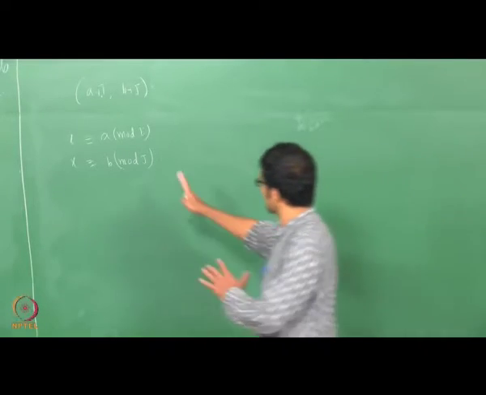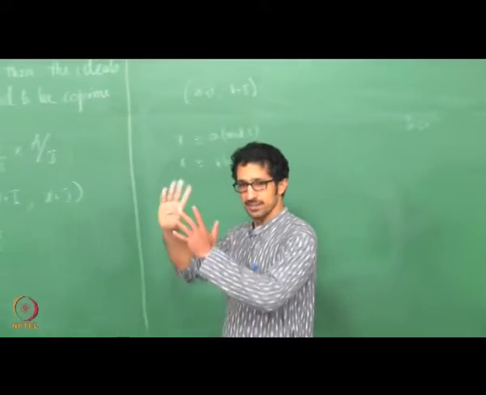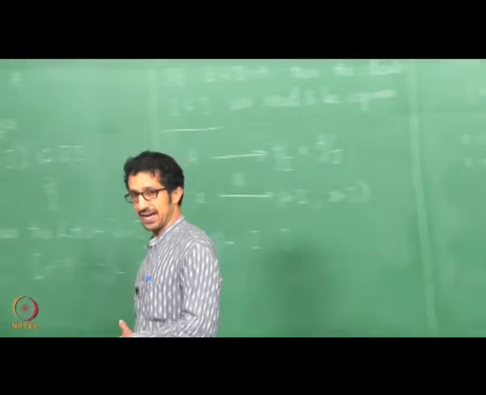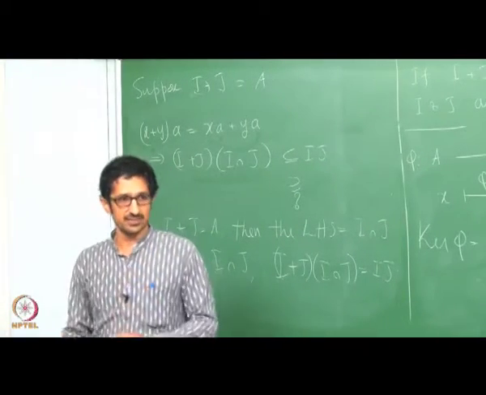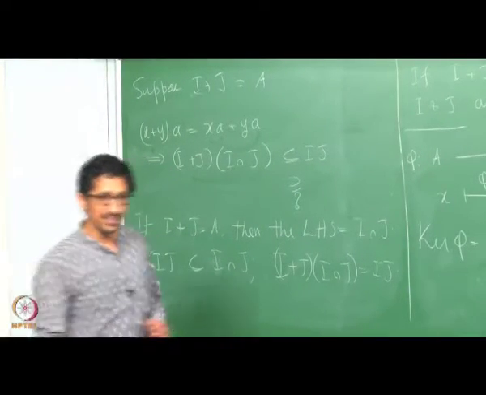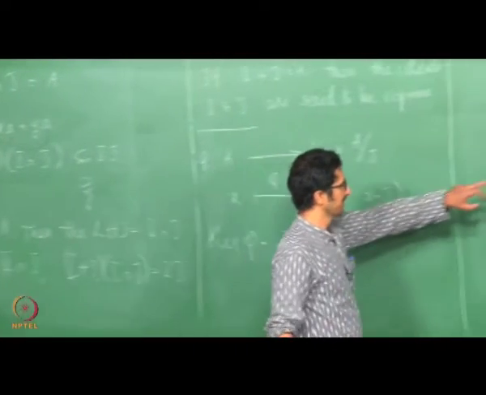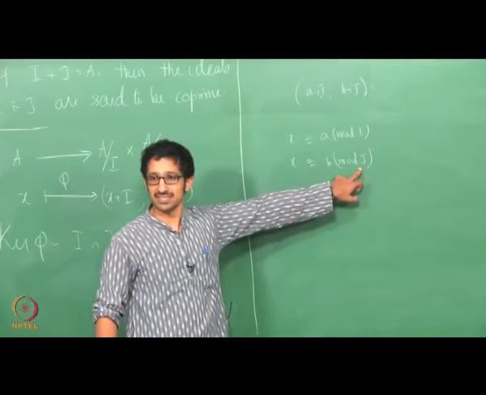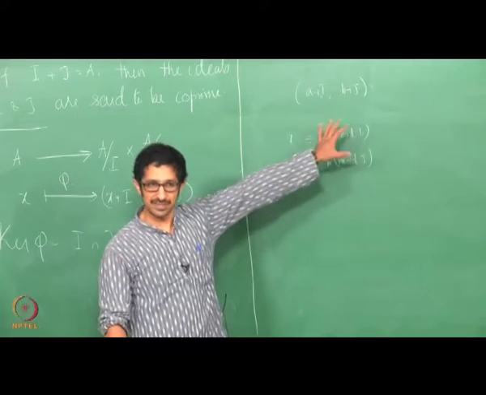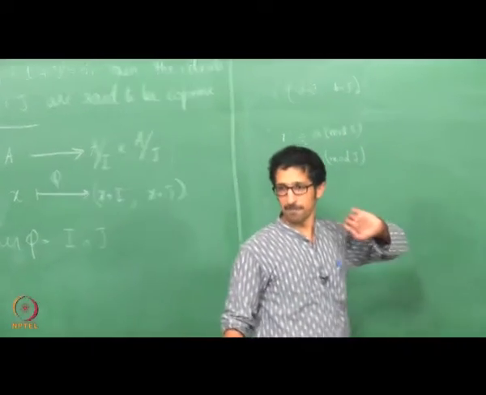Think about this in Z. In Z, instead of I, think of primes. If they are distinct primes, the Chinese remainder theorem says that you can do it.